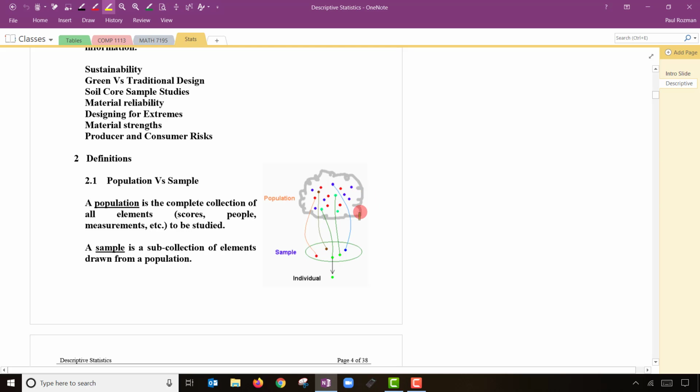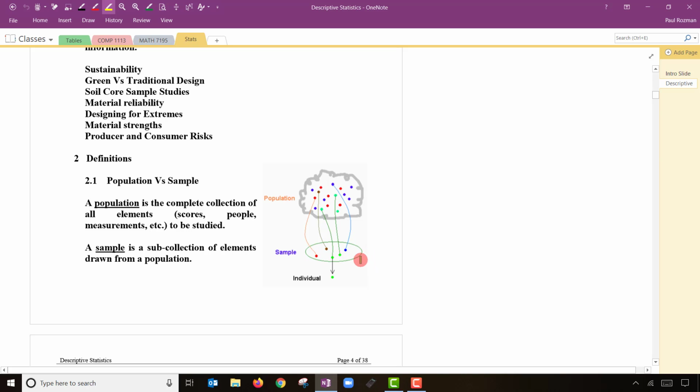So we somehow get a subset of the population and we study those values. Now, we hope that our sample then represents the complete population. This is the main thing that we'll be doing in the course is estimating something about a population, some attribute of a population based on sample data.